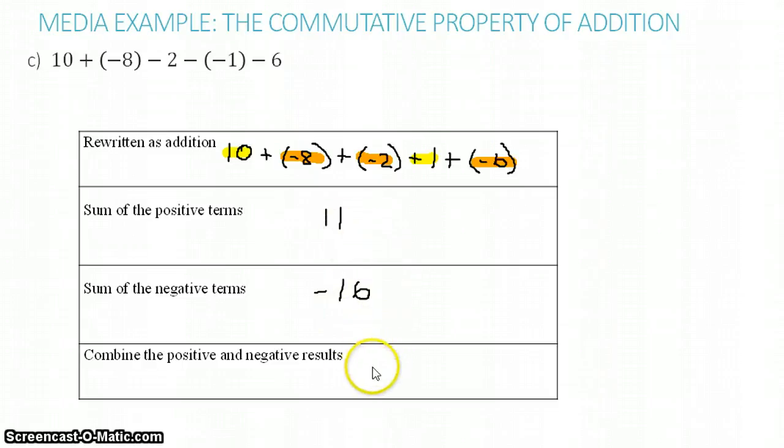Now we're going to combine these results. 11 plus -16. So since the signs are different, we subtract the absolute values. 16 minus 11 is 5. And in this case, -16 is larger in absolute value. And since it's negative, our result is negative.